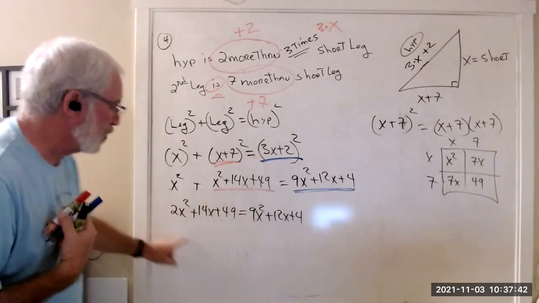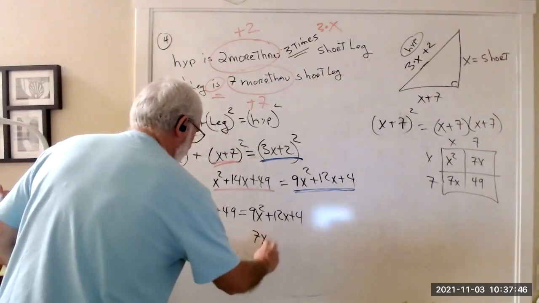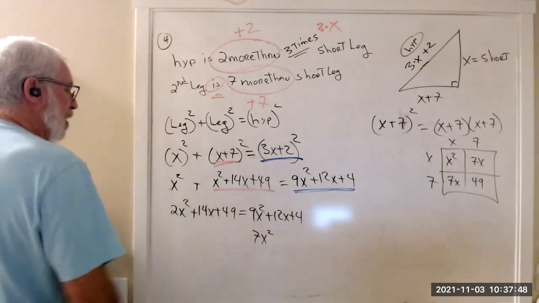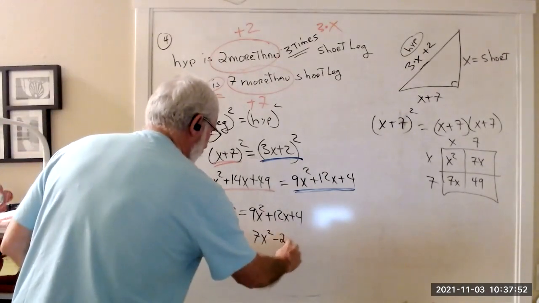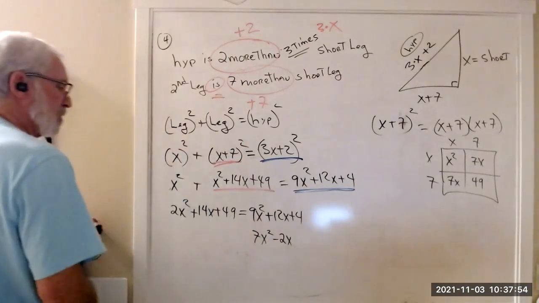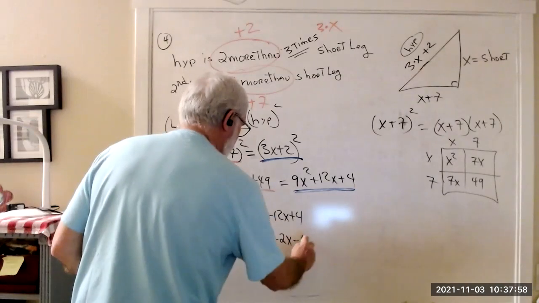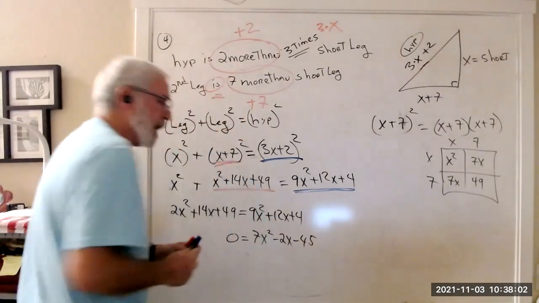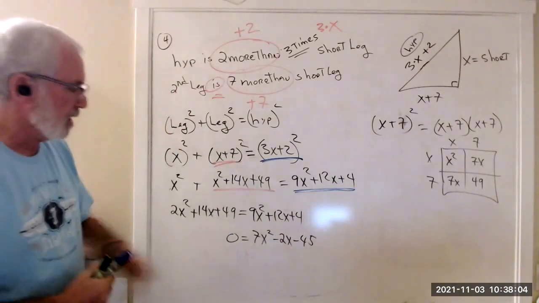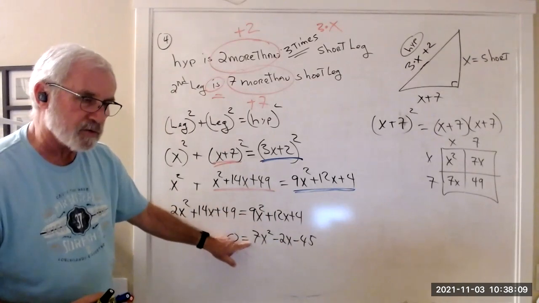So I would take 2x squared away from both sides and get 7x squared. I would take 14x away from both sides and get minus 2x. And I would take 49 away from both sides and get negative 45, and it would equal 0. I personally like my coefficient of the x squared to be positive.